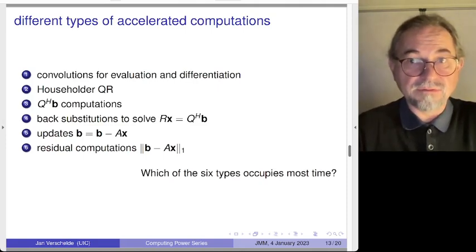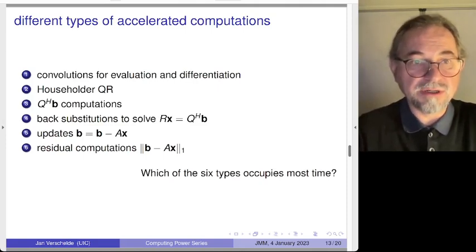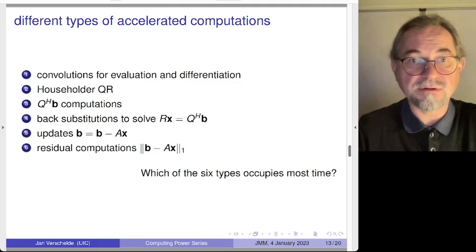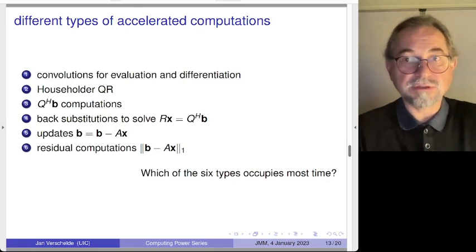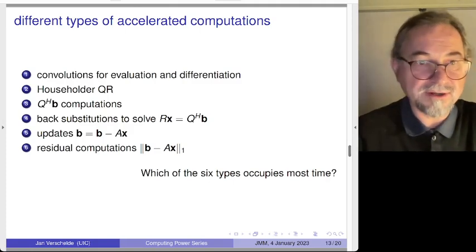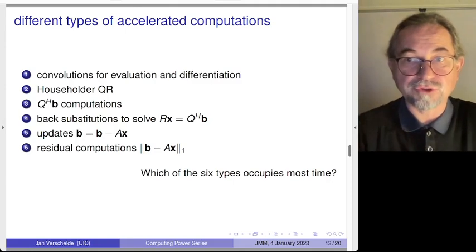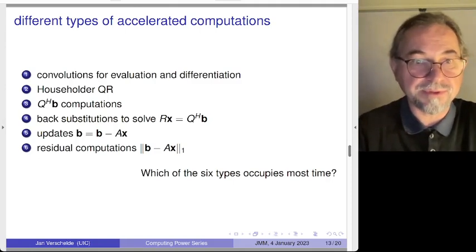Very high level description: 6 different types of kernels. The convolution was a separate paper. The least squares was another separate paper.